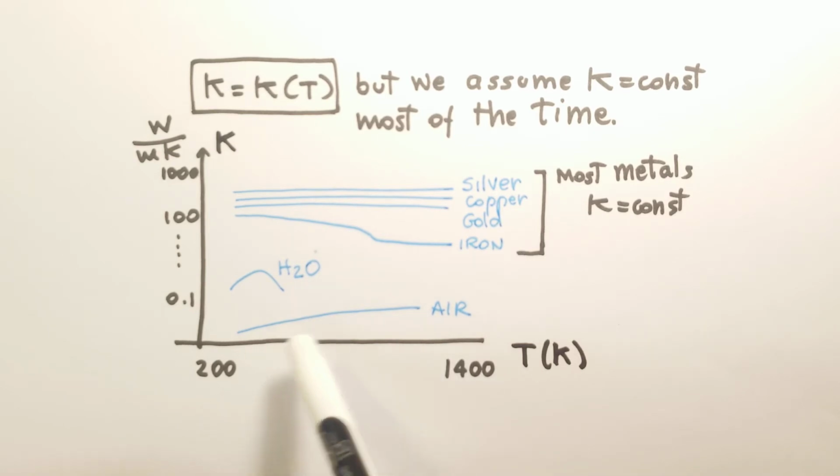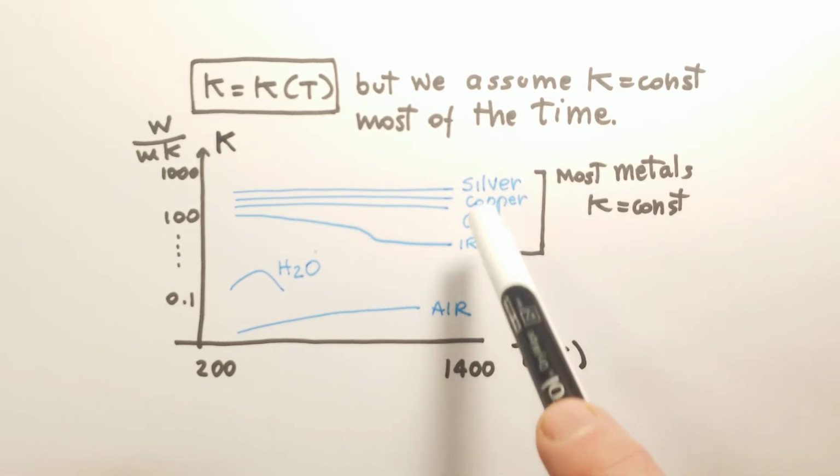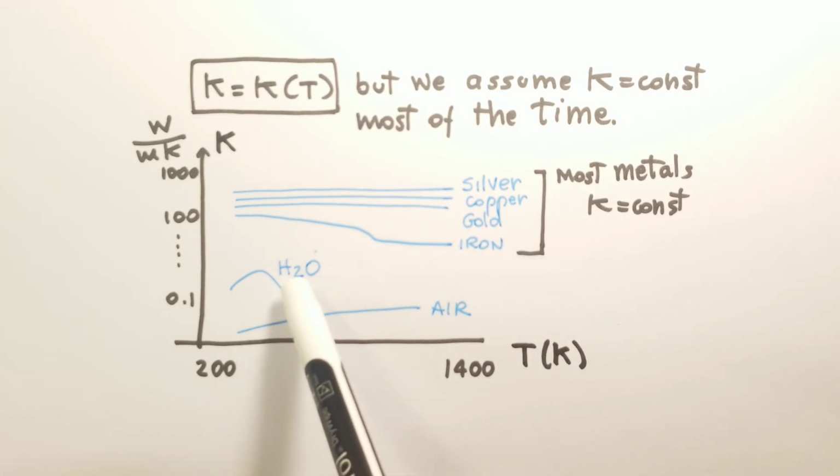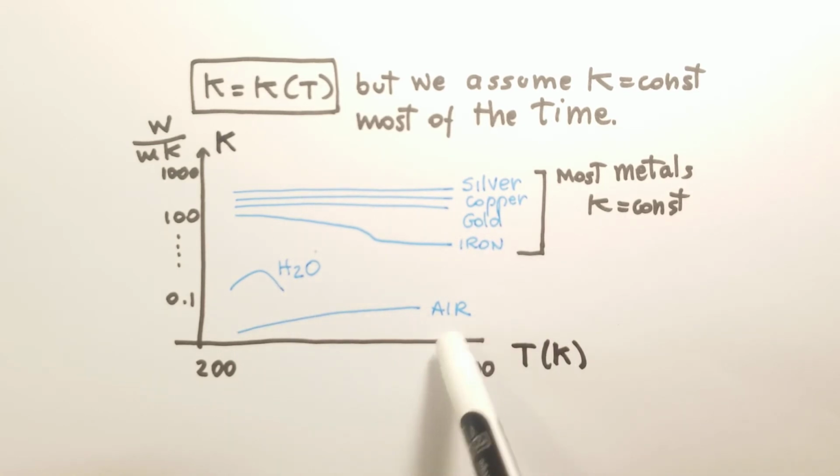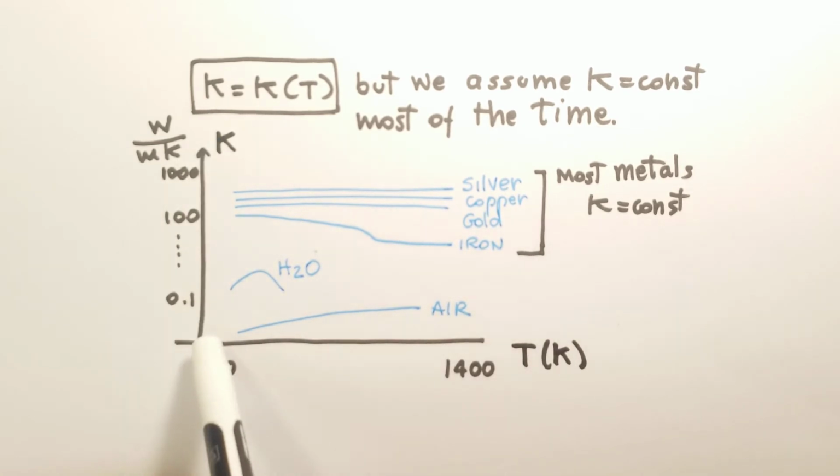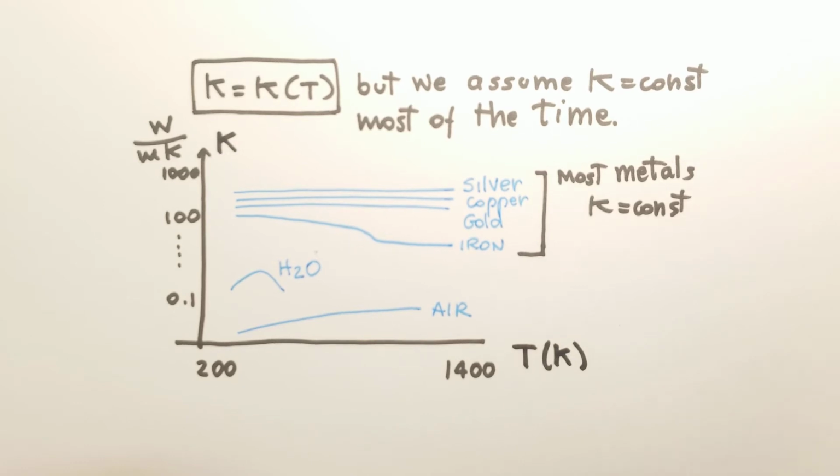We can see in the case of air, we have a slight increment of the thermal conductivity as the temperature increases. We also know that the metals have a higher conductivity than a liquid, water, and a gas, air. We note here the y-axis is in log scale.